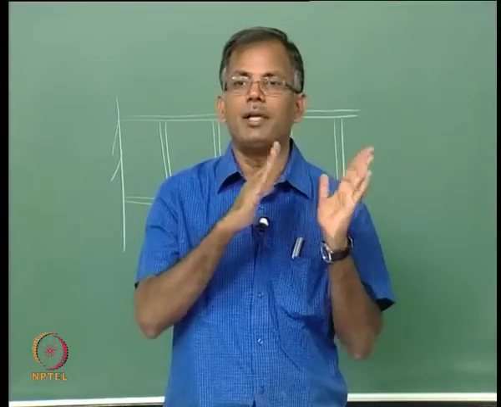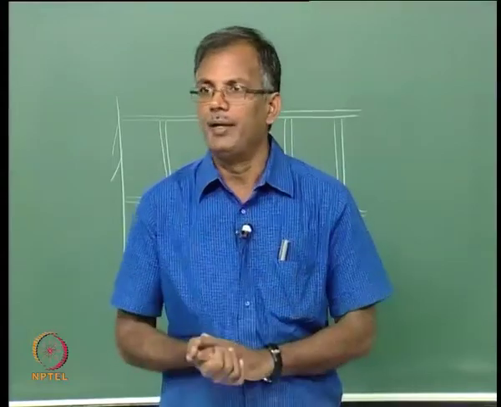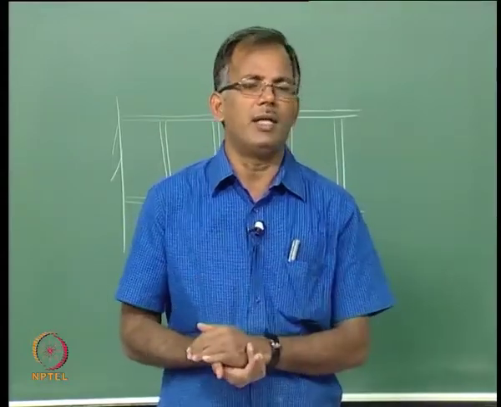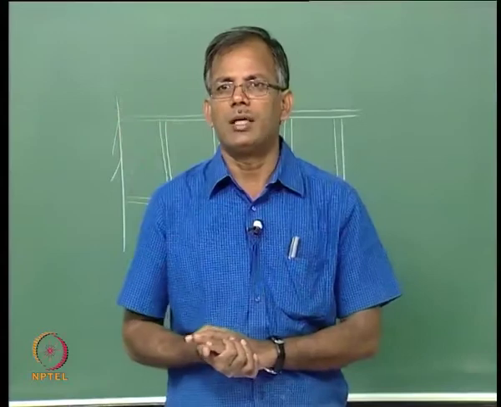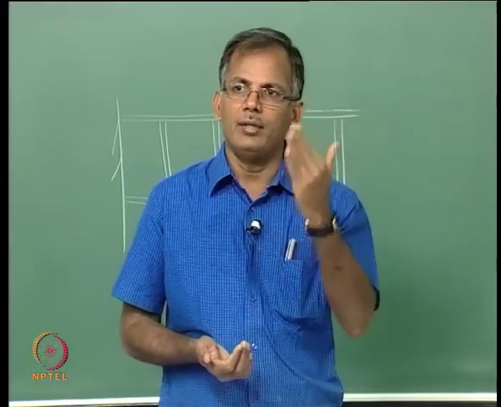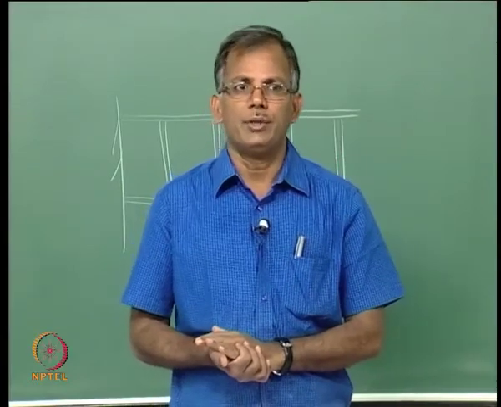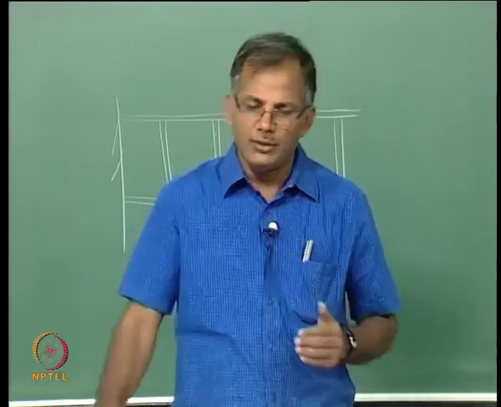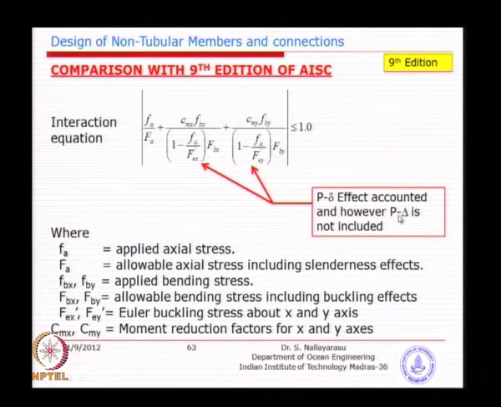So, if you have an unbraced frame, then you will have a sway, whereas most of the jacket structures we are designing will have a considerable amount of bracing. That is why, if you read API carefully, everywhere you will see that for portal frames, the indirect means of taking into account this P delta effect is by applying a larger effective length factor.